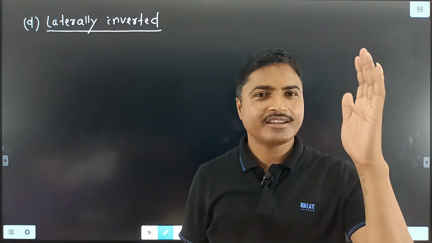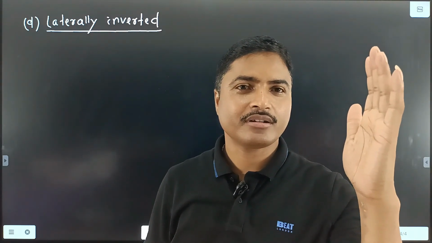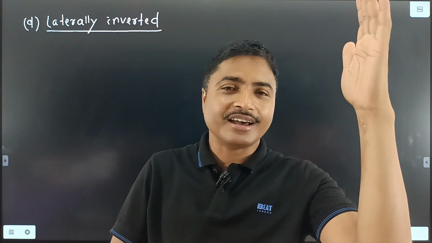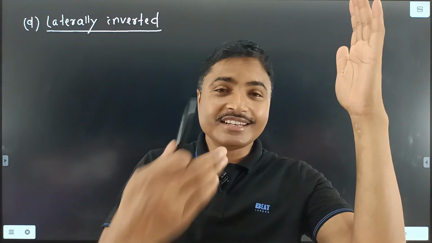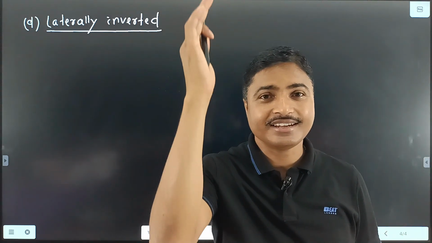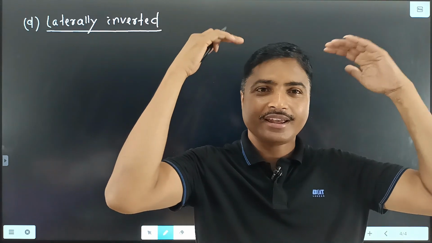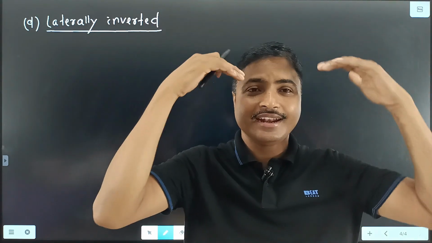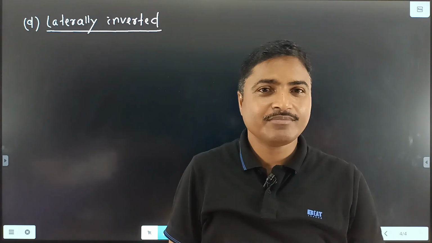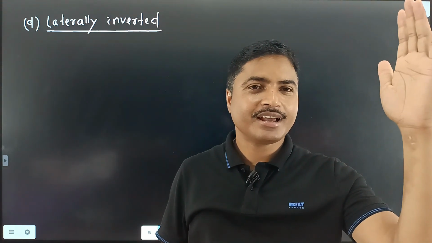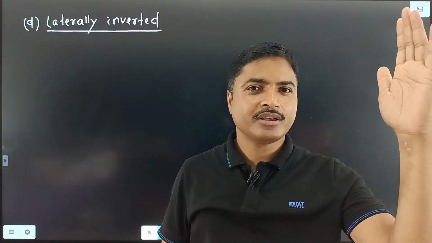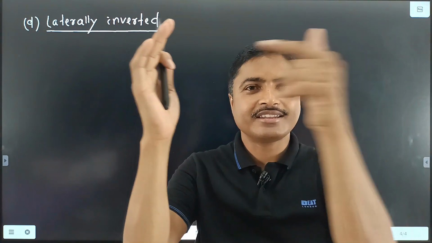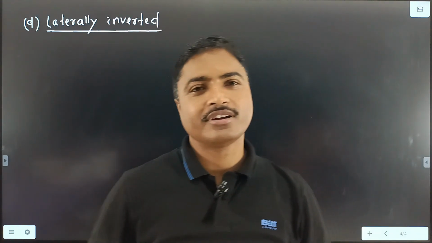If we stand in front of a plane mirror and raise our left hand, we feel that our image inside the plane mirror raises its right hand. But our head is always situated on the upper side. The head is not inverted, but simply our left hand, that is the object, we feel our image raises its right hand, and that is known as laterally inverted.